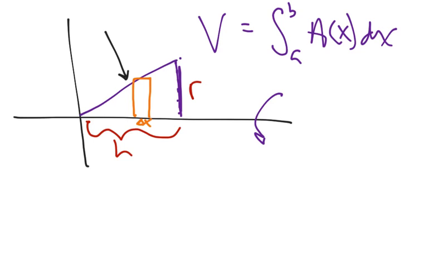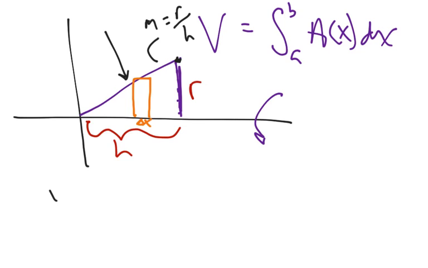That shouldn't be too hard to figure out. It's just the equation of a line. More specifically, it's the equation of a line that goes through the origin and has a slope of r over h, rise over run.